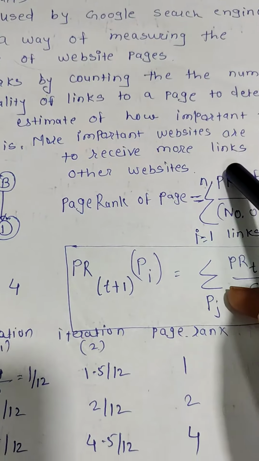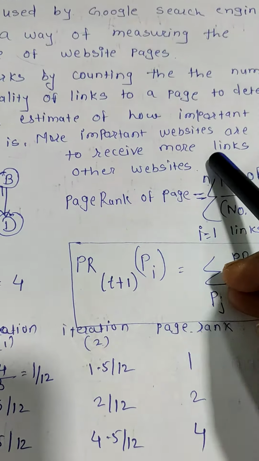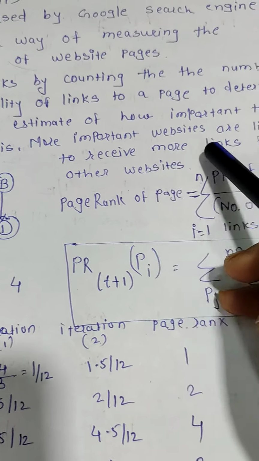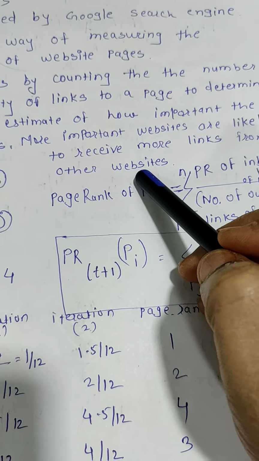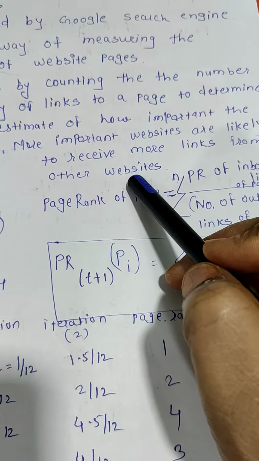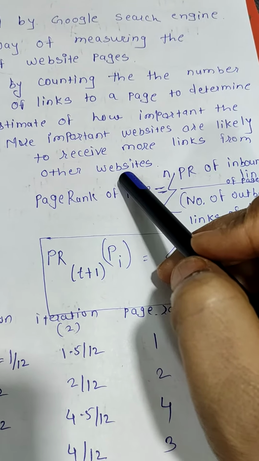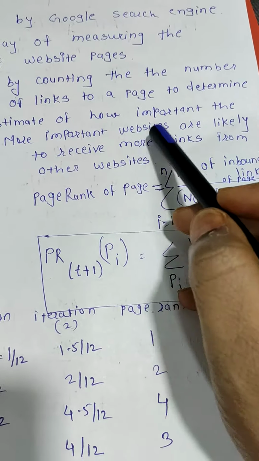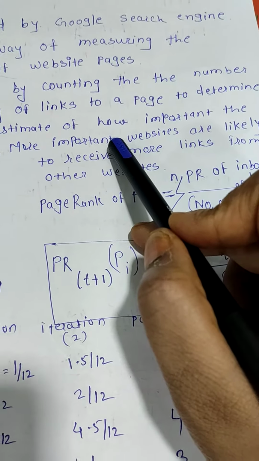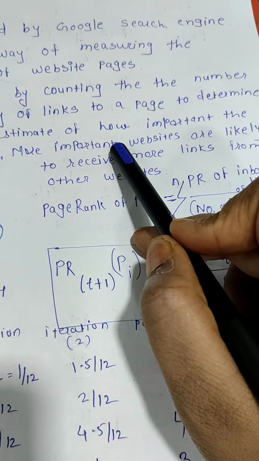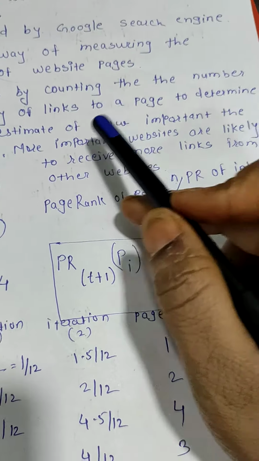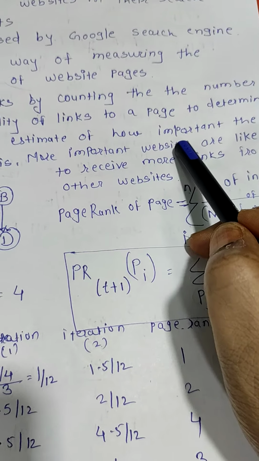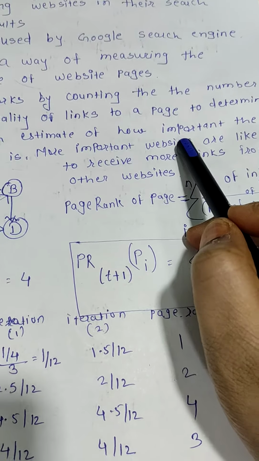More important websites are likely to receive more links from other websites. So if we say Tutorials Point is an important website, many websites will point to it. So that's why the PageRank of Tutorials Point will increase, and the PageRank of the Tutorials Point website will be more.